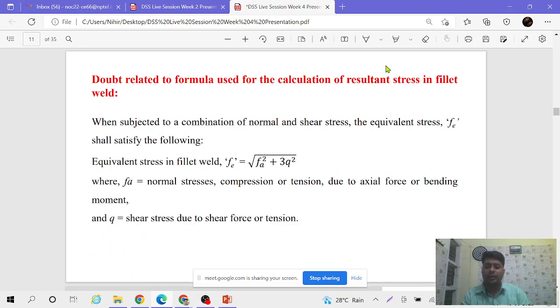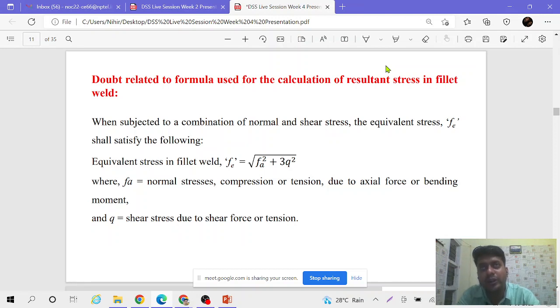Hello. Sir, then there was some clause as well that a check for the combination of stresses need not be done for the side fillet weld joining cover plates and the flange plates, where the sum of the normal and shear stress does not exceed the limit. And for butt welds also some of the clauses were given. So please clarify more about these clauses as well.